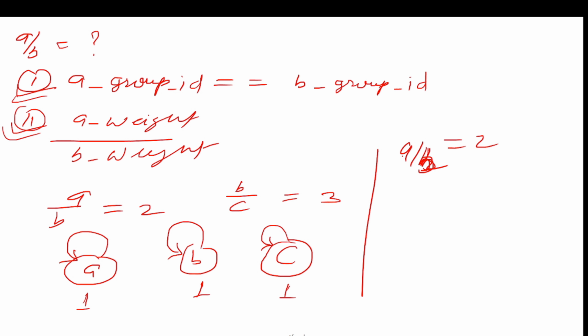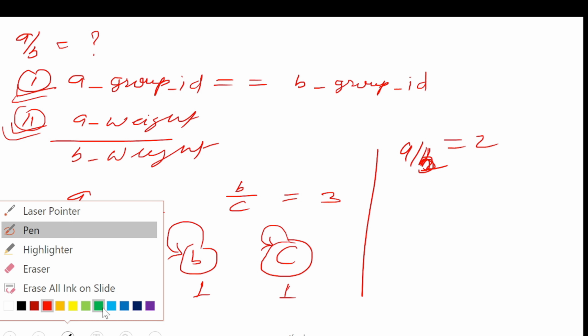How do we obtain the result? We attach the group of dividend a to that of the divisor b, and meanwhile we also update the relative weight of the group a to reflect the ratio between the two variables.